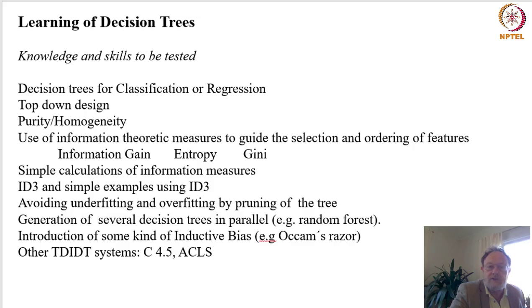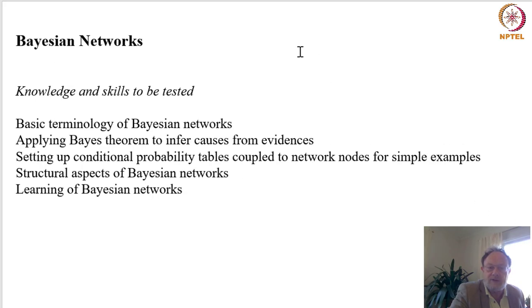So after decision trees, we went into Bayesian networks, and what we did in Bayesian networks was not so much to look at the learning of Bayesian networks, even if this is an area of itself, but rather the basic properties of these networks. And at the core there, we have the Bayes theorem, which helps us to infer causes from evidences.